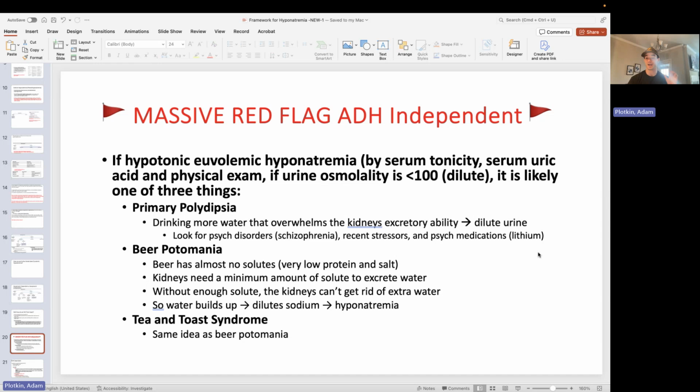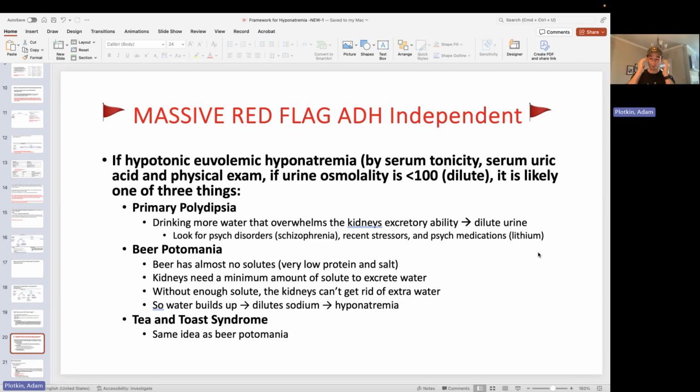Because in hypovolemic and hypervolemic hyponatremia, remember, it's a lack of forward flow. ADH is going to be sky high, and my urine osmolality is going to be greater than 100. If we have ADH dependent euvolemic hyponatremia, ADH is high, and we're translocating and causing all my solutes to stay in the tubular system, reabsorbing water, so the urine osmolality should be high.